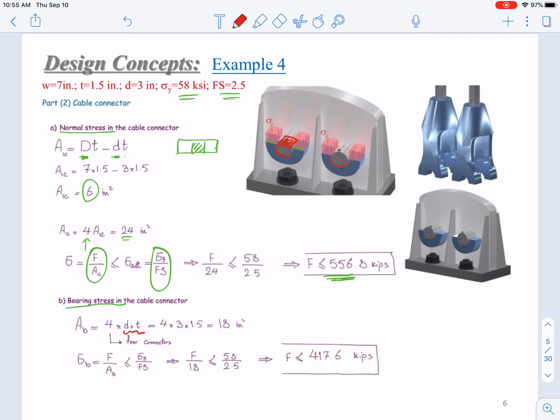And you have 1, 2, and on the backside 3, 4, so times 4. You get a cross-section area, and repeat the process: F over A not higher than yield stress over factor of safety. So you get the force F.